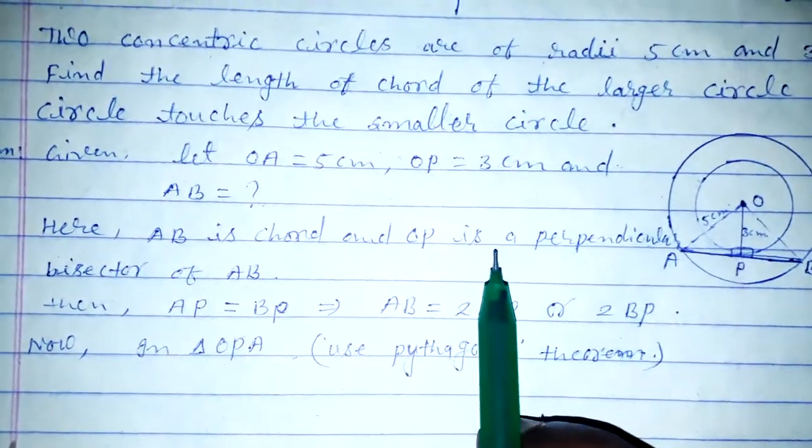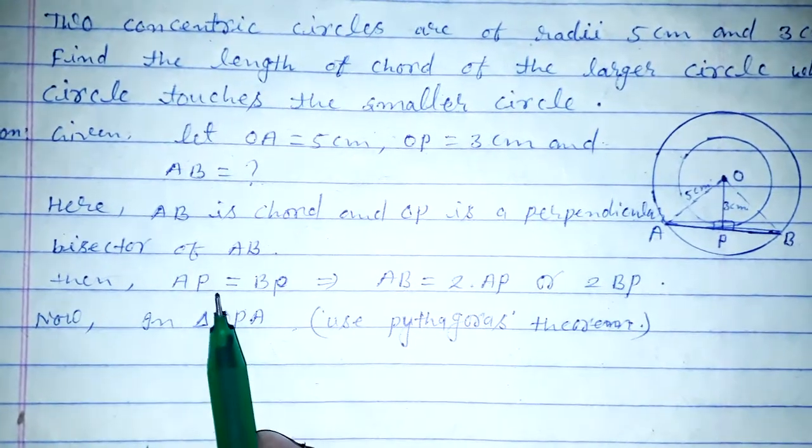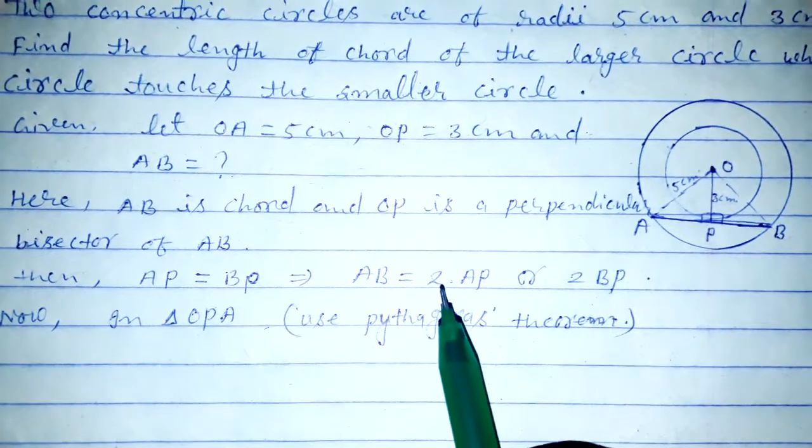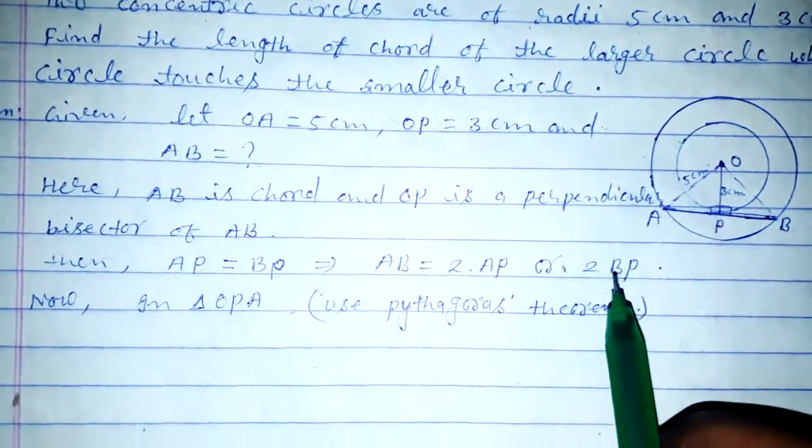OP is the perpendicular bisector of AB. Then AP is equal to BP, which implies AB is equal to 2 AP or 2 BP.